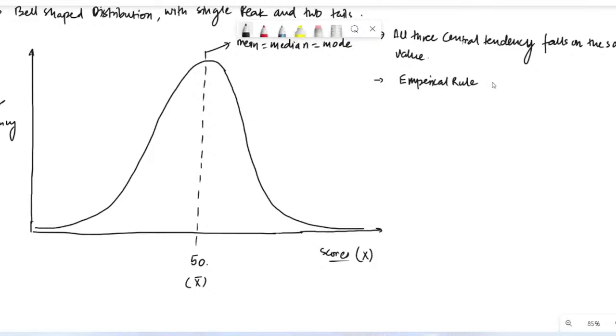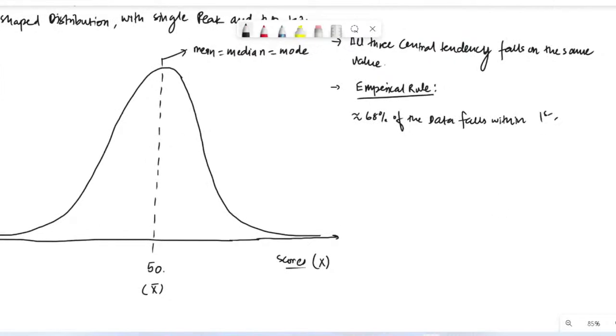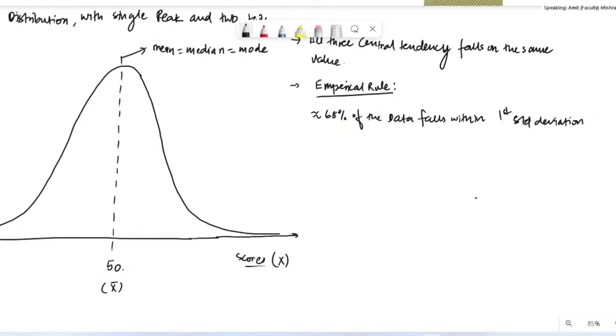First, an important part: approximately 68% of the data falls within the first standard deviation of the mean. Standard deviation is calculated with respect to the mean, obviously.